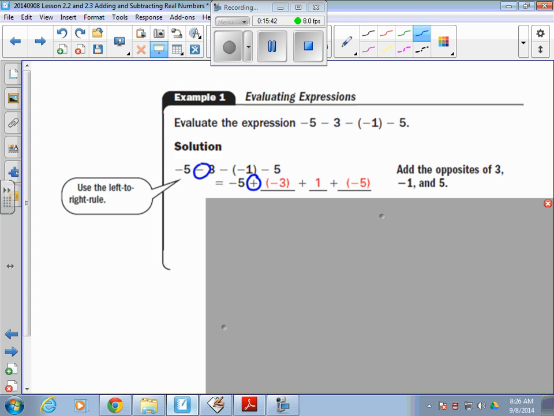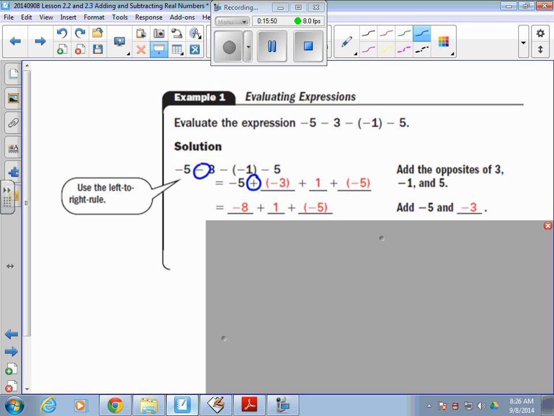It's not plus a negative. I said that a second ago. It's plus the opposite sign. So we're just converting from subtraction to addition with opposite signs. Negative 5 plus a negative 3, same signs. Add the absolute values, 5 and 3, you get 8. Keep the common sign, it becomes negative 8.